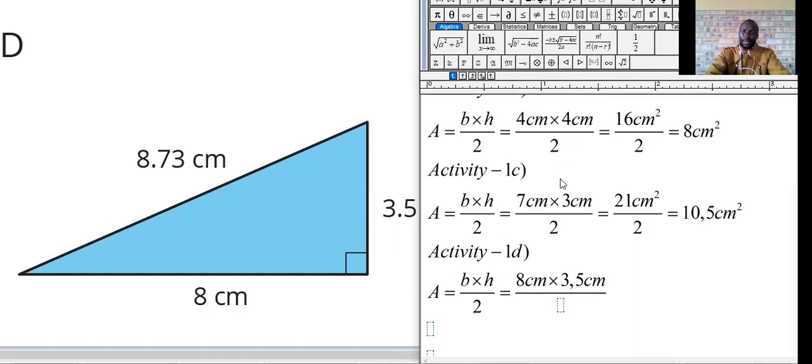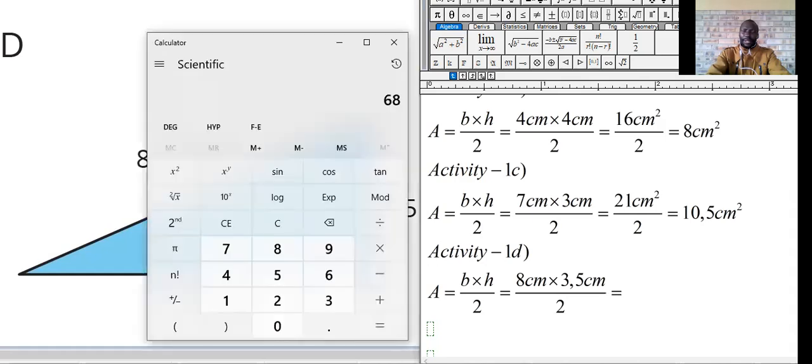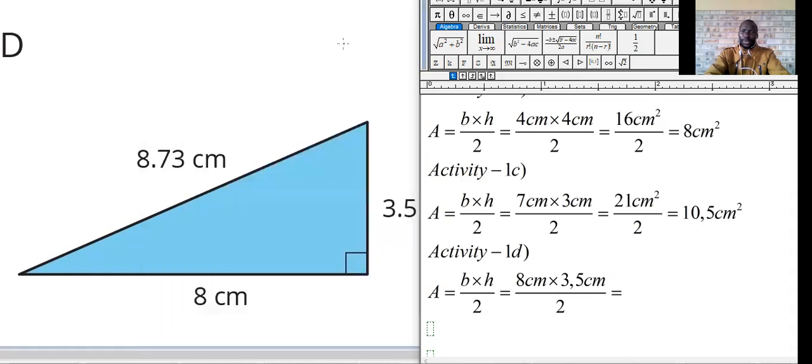Notice that we are still dividing this by 2. Well, 8 times 3.5, we can use the calculator for that, is going to be 28. So we can write it as 28 divided by 2, 28 being the numerator and 2 being the denominator.